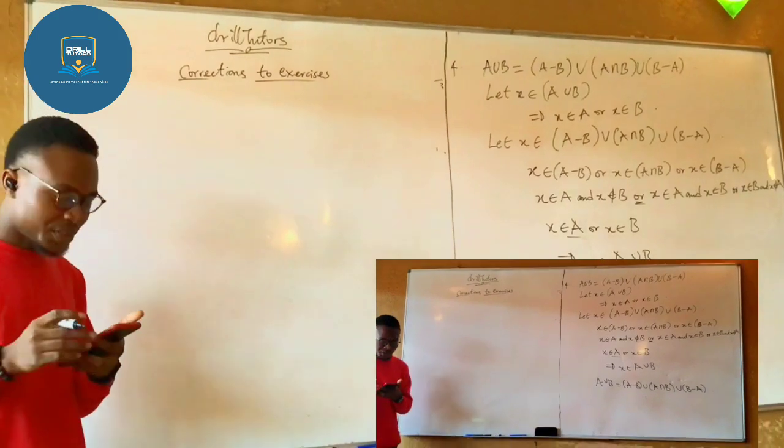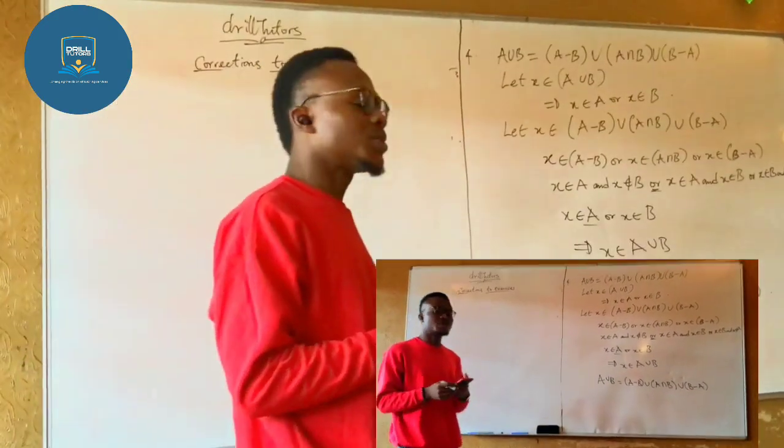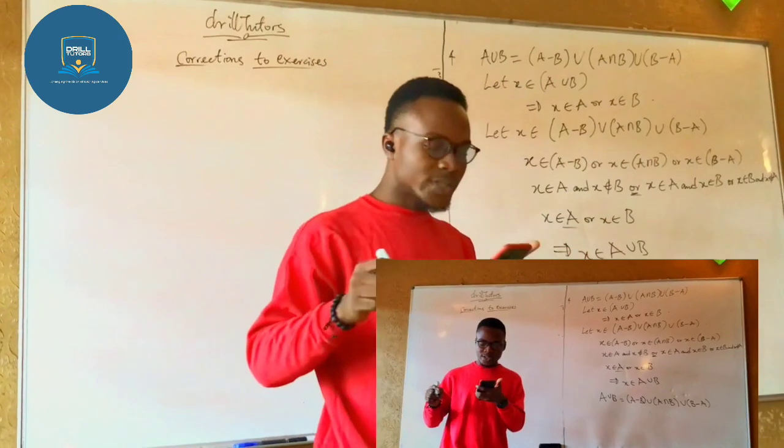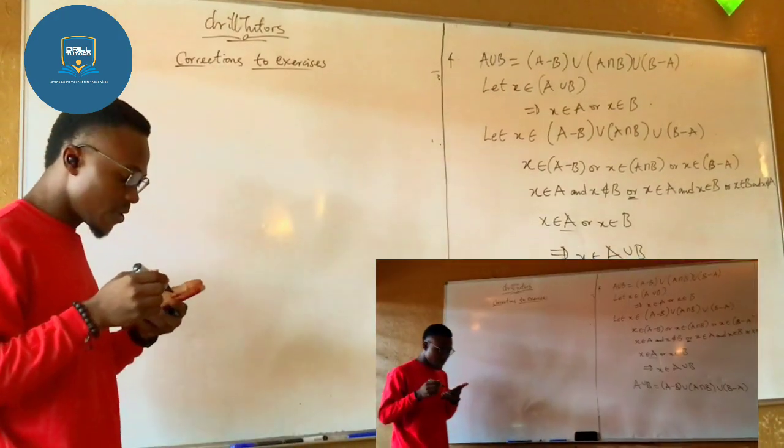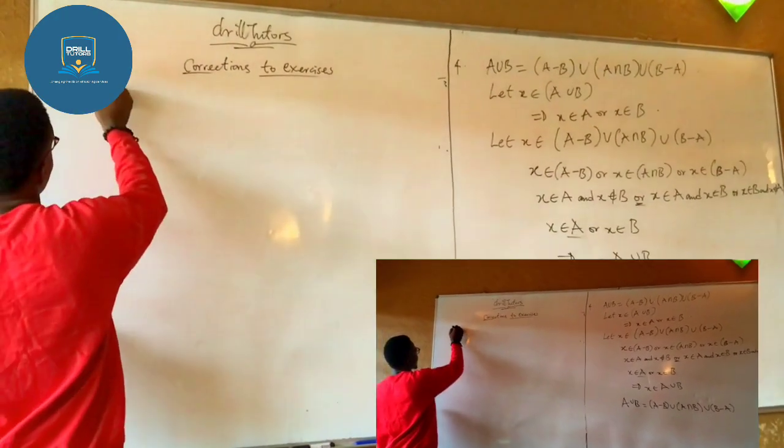The fifth question says: compute the argument of 1 plus i.